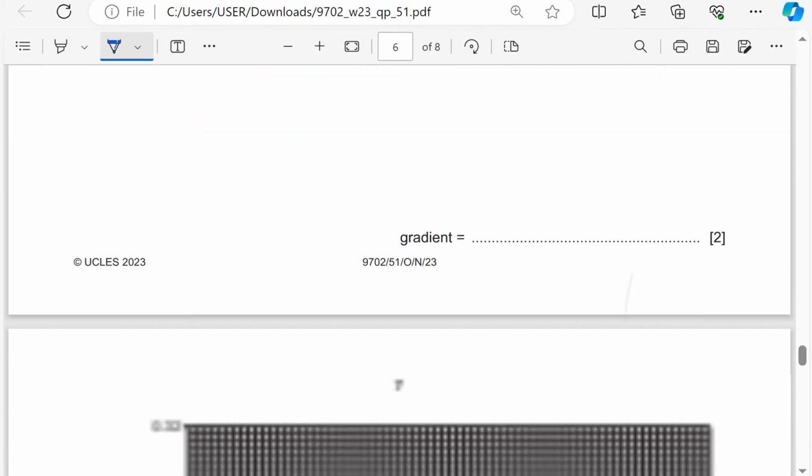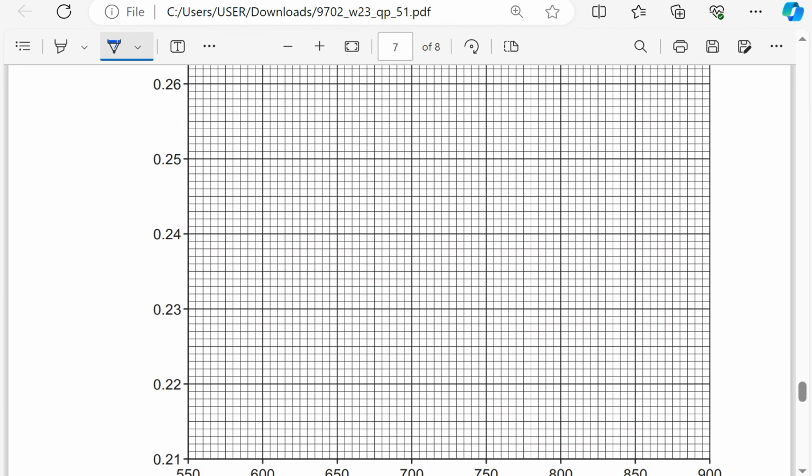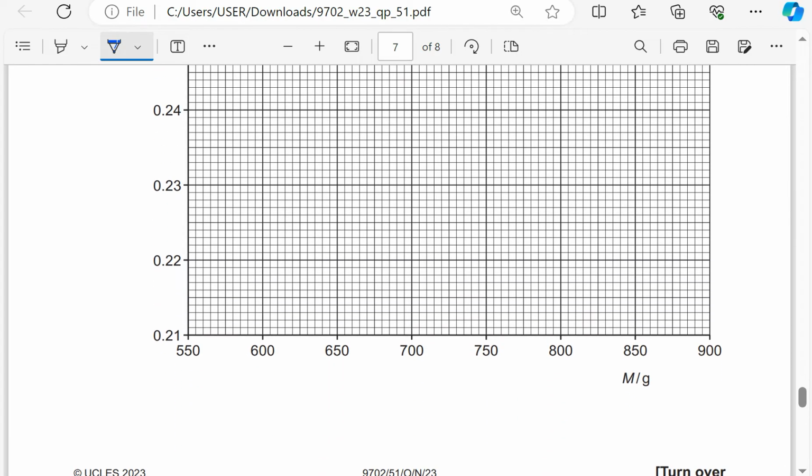Okay, so now I can plot. I'm going to plot a point and its uncertainty at the same time so that I save time. So we are plotting a graph of root of 1 over h against m. So when m is 65, the scale on the x-axis is 50 divided by 10, which is 5. So this is 55, 60, 65 is here. 65 against 0.218.